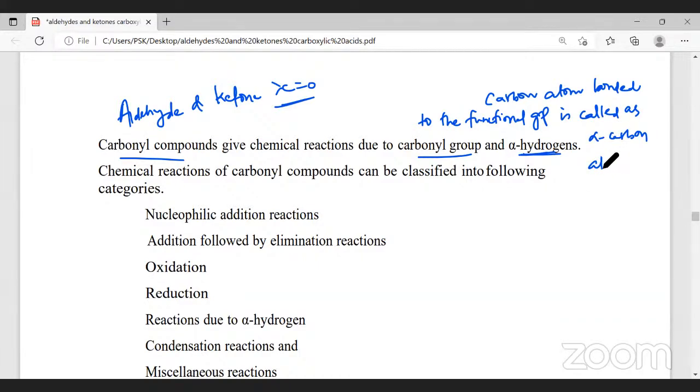So a carbon atom bonded to any functional group is called an alpha carbon atom. If this alpha carbon atom contains hydrogen, they are called alpha hydrogen. Now, a carbonyl compound gives chemical reactions due to the carbonyl group as well as alpha hydrogen.